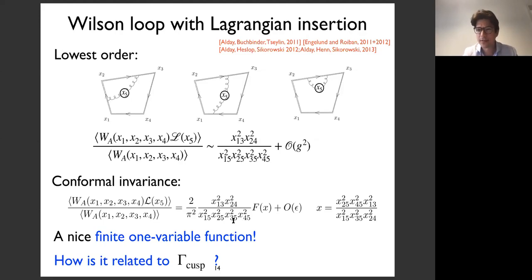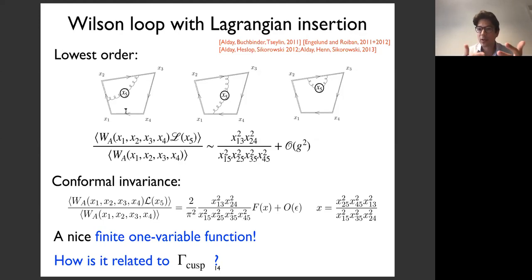But how is it related to gamma cusp? Well, it's actually rather simple. You can think of this Lagrangian insertion as somehow giving you the integrand for the Wilson loop. And when we integrate over that insertion point, we get back the Wilson loop.